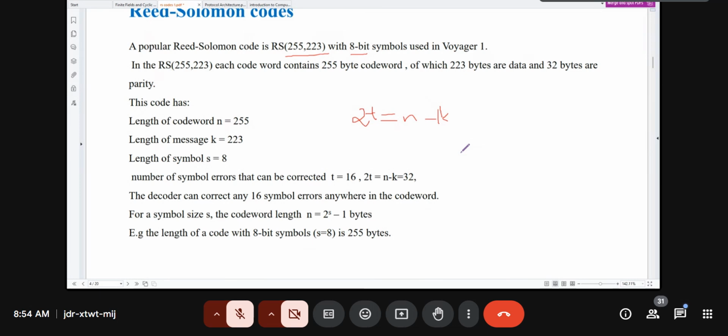You have 16 symbols, each is 8-bit, and they are following one another. So you are talking about you can correct 16 times 8 bits, that is 128 bits in your message, if they are in errors.